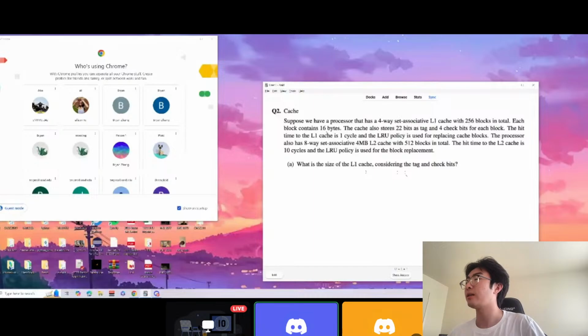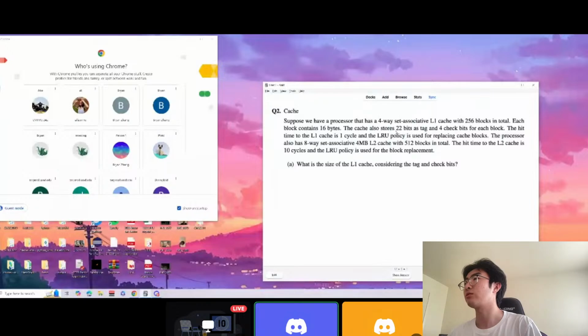All right, I think immediately we can take this number and multiply it by this number. So that will give us the total size of the blocks that can be stored in the cache. Okay, so it's 256 blocks and then 16 bytes. So that's the total number of bytes that can be stored within blocks in this cache.